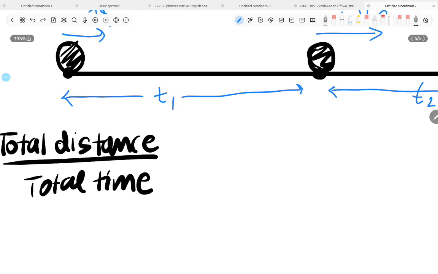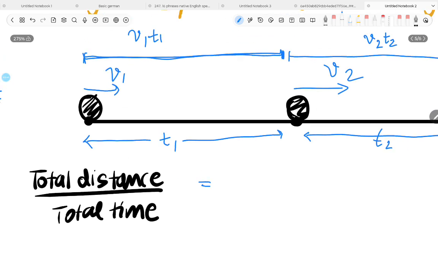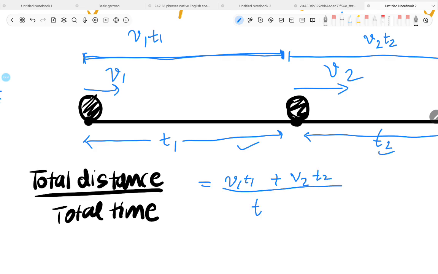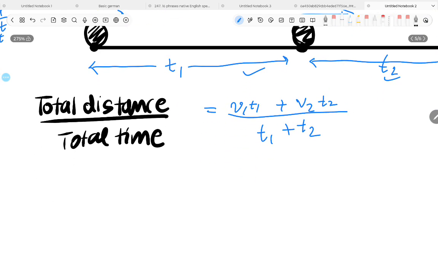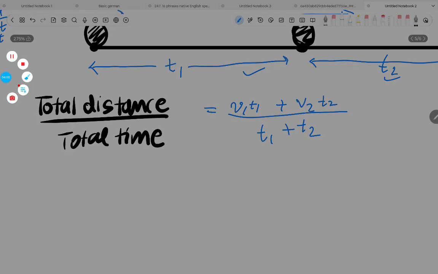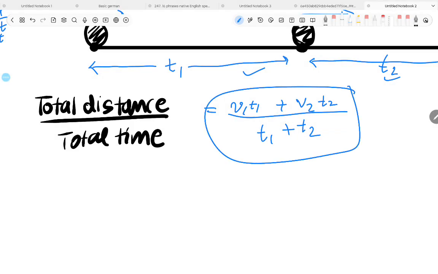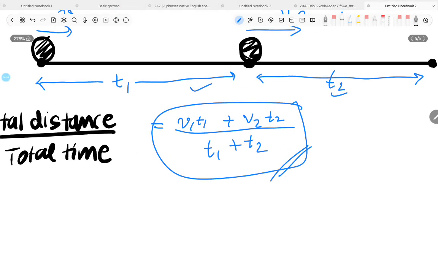Distance and distance can be added. Now you have distance, so write them down here and add them. Do we have time? Yes we do, t1 and t2, just add them. Now you can do nothing more, this is going to be your final result.